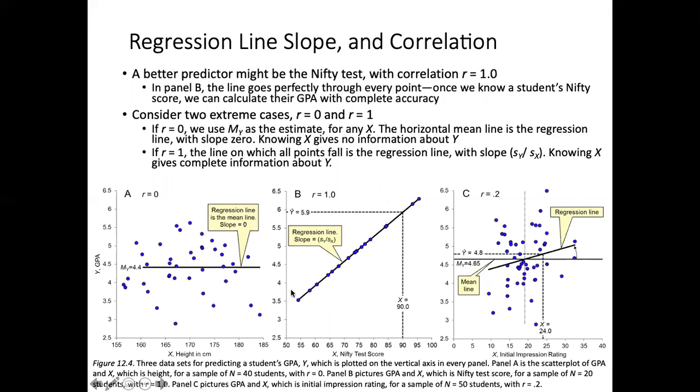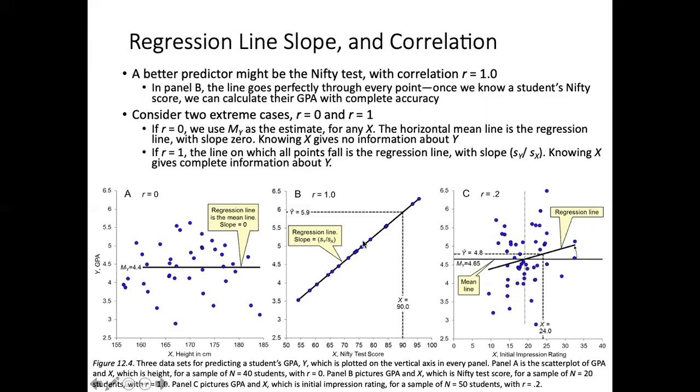Now, if we look at B, this would be an example of a perfect predictor. In this case, a nifty test, a made-up test, to predict GPA. We've fixed it so that it's perfect. When r equals 1, we know exactly everything that we need to know about GPA based on this score.